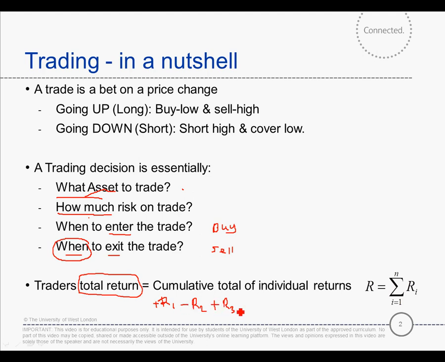R3 may be positive again, and so on and so forth. So the total return that you have at the end of a period is the cumulative total of all the returns that you have made over that period. And that's what this formula tends to signify. Okay, it's like a war, and the outcome of the war is determined by a series of battles. Some battles you win, some battles you lose, but the overall outcome is on net how many battles you do win. Okay.